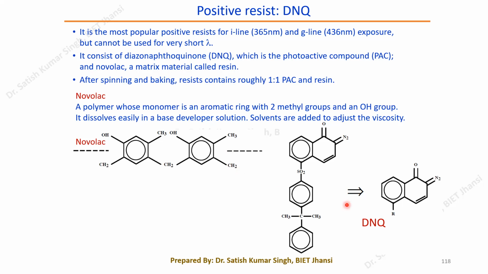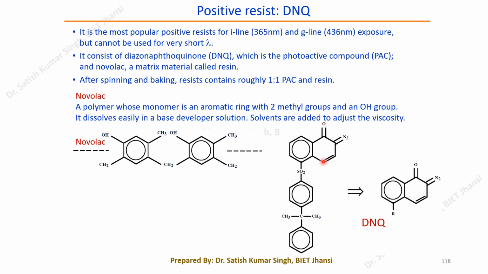And this is our diazonaphthoquinone, DNQ. It has this particular structure, you can see. Basically this structure above the SO2 layer is your photoactive compound.